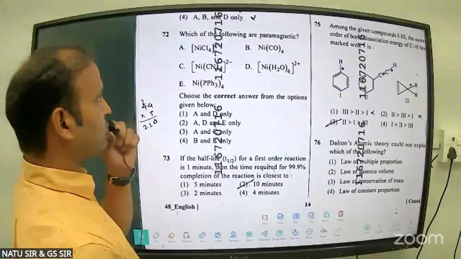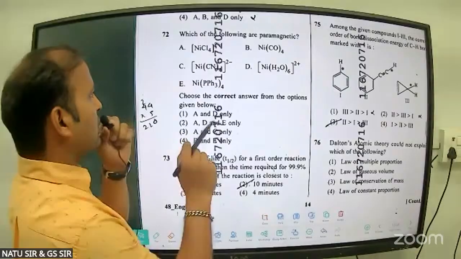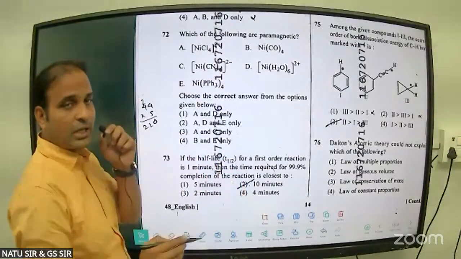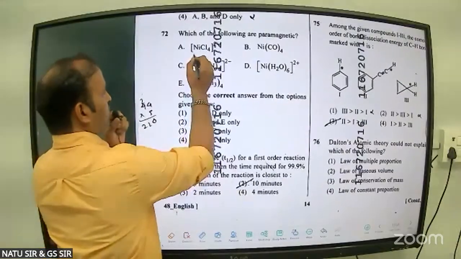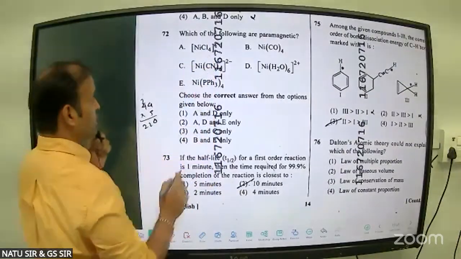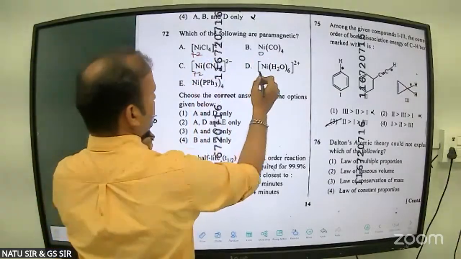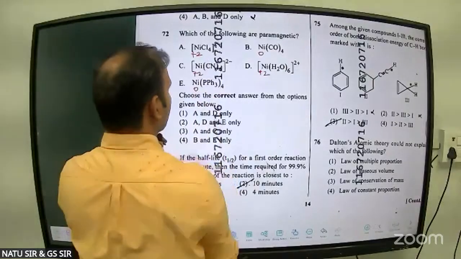Talking about question number 72, which of the following is paramagnetic. See, here all of them are Ni complexes. So for Ni we are first finding the oxidation number, so plus 2. Here it is 0, plus 2, plus 2, and 0 again.